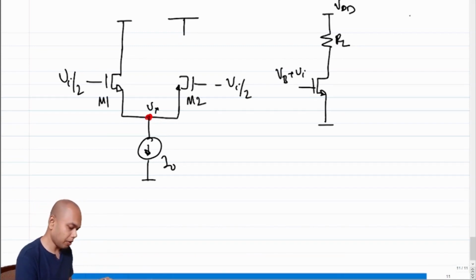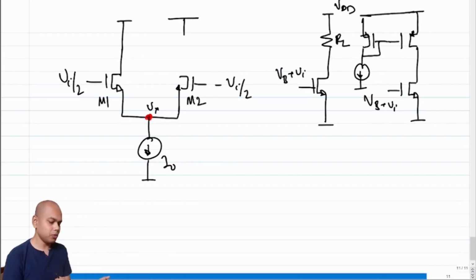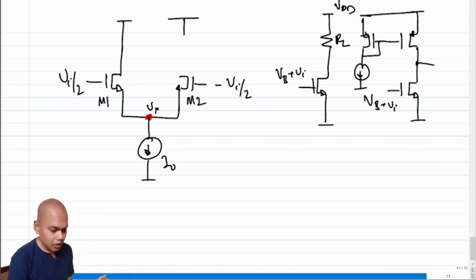So how did we solve the problem? We solved the problem by putting an active load, a PMOS transistor, right? So this was VB plus Vi anyways, and the PMOS transistor needed to be biased in saturation, so we used this structure, right? So you remember when we used this structure to get higher gain, right?